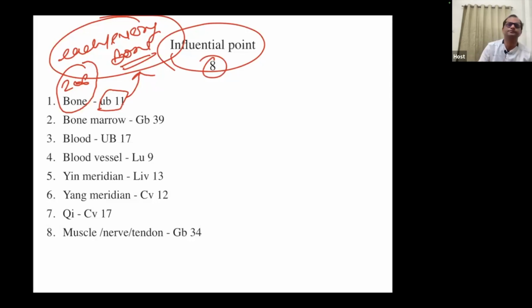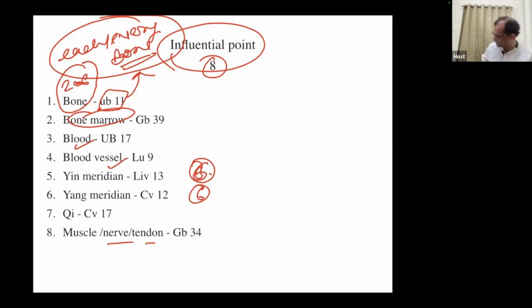One for bone, one for bone marrow, one for blood, one for blood vessels, one point for all the 6 yin meridians, one point for all the 6 yang meridians, one point for chi, and one point for muscle, nerve, and tendons.